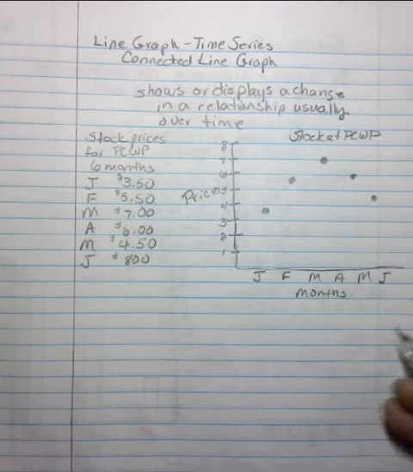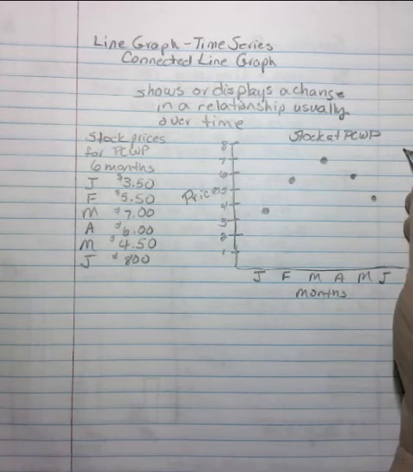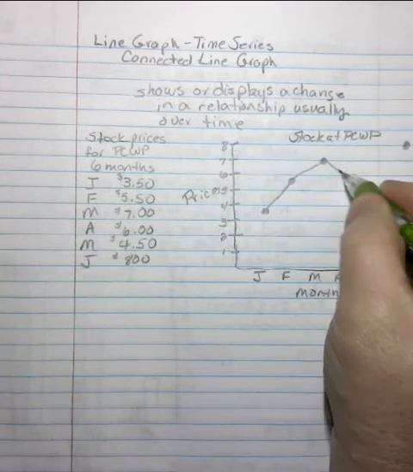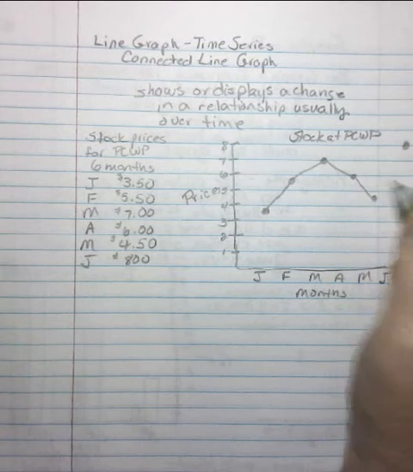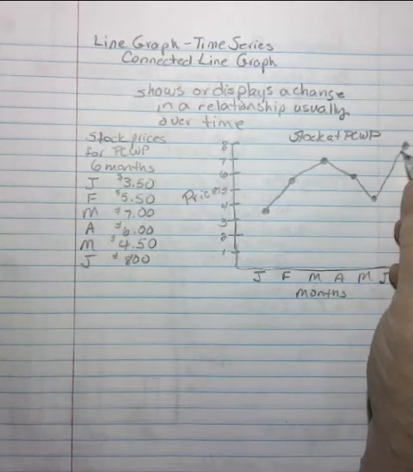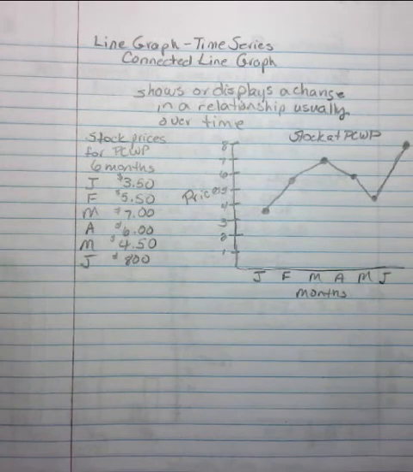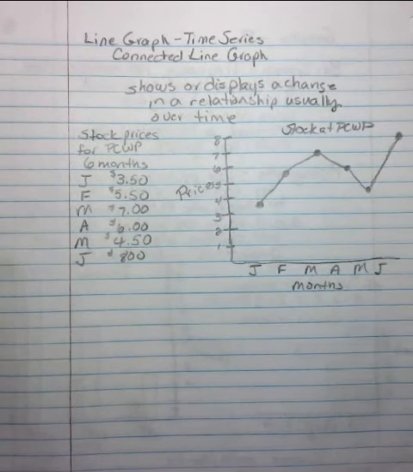In June at $8. And then we go through and connect the dots. And of course, having a ruler to connect them and make those lines nice and neat certainly makes your graph look neater. And so there you have our line graph, or our connected line graph, whichever you want to think of.